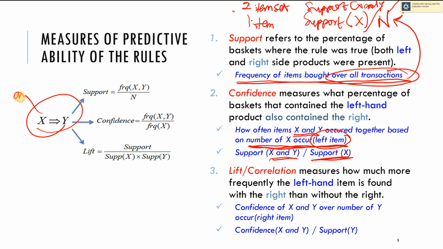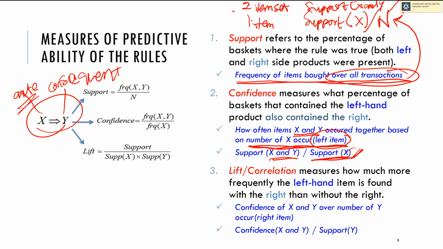So this is the antecedent, and this is the consequent. It means how confident we are that if a person purchases X, they will also purchase Y. That is why we divide over support of X, the antecedent, here.